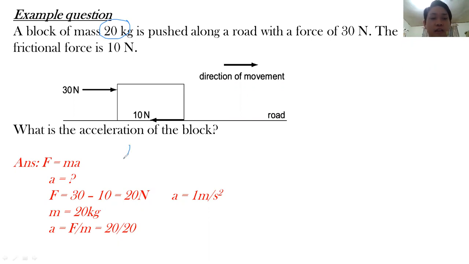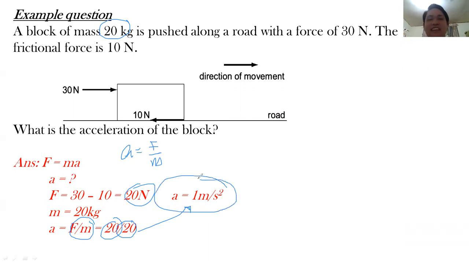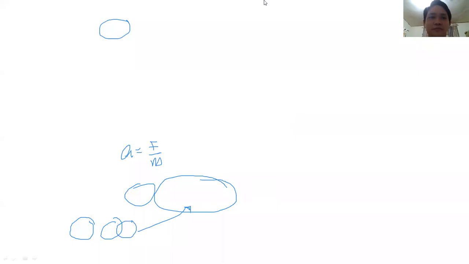That gives you A is equal to F over M. Just substitute: your F is 20 Newton, divided by your mass, which is 20 kilograms also. That gives us an acceleration of 1 meter per second squared. So this is the answer: A is equal to 1 meter per second squared. For a while, I just clear this one first.